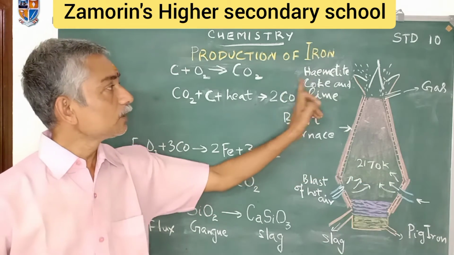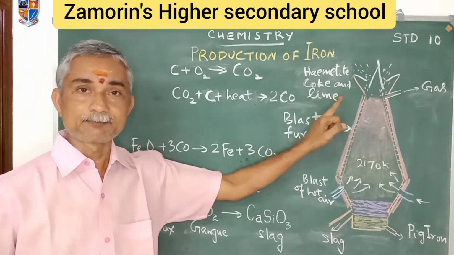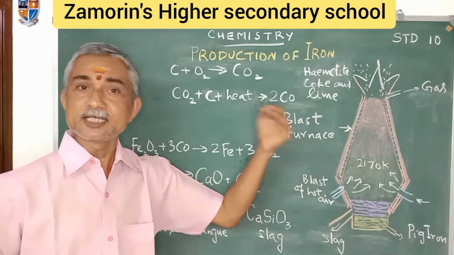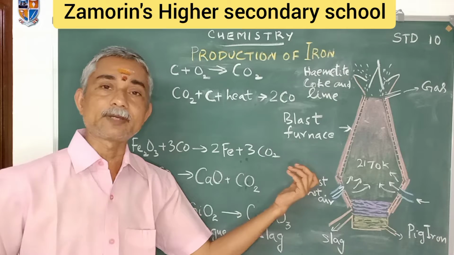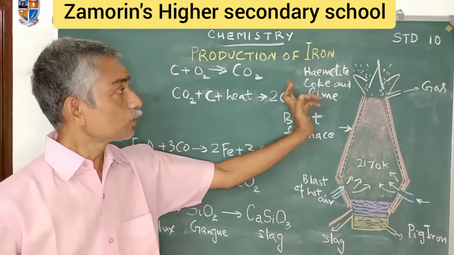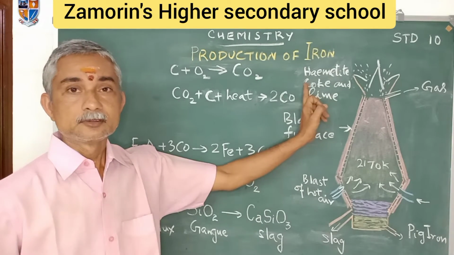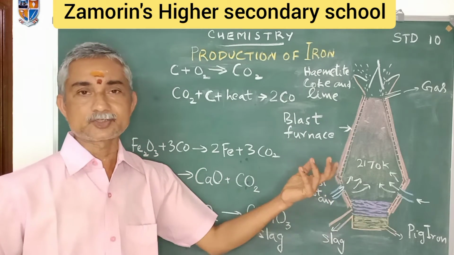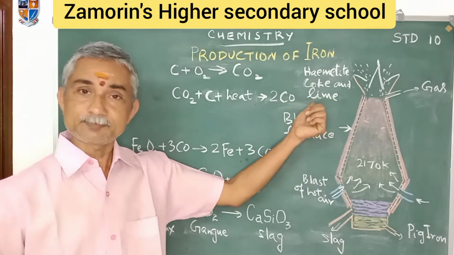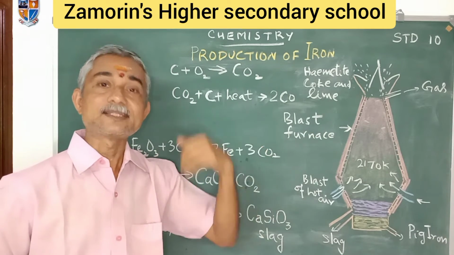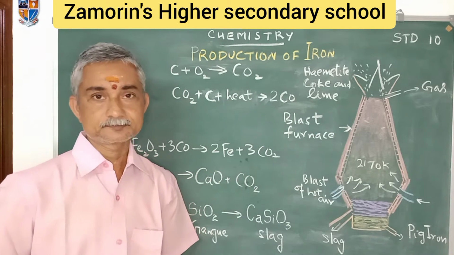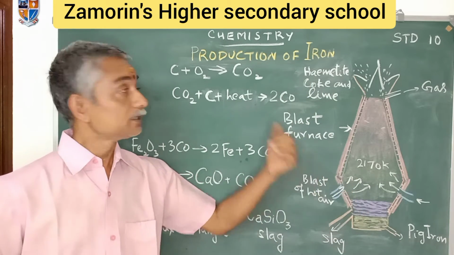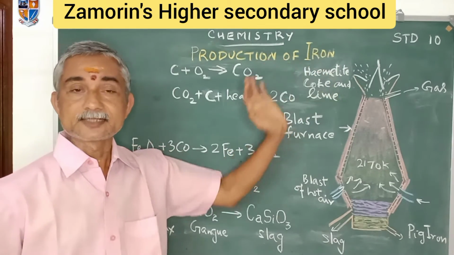Here coke, that is carbon, is mixed with oxygen forming carbon dioxide or carbon monoxide, and lime, calcium carbonate, is split up into calcium oxide and carbon dioxide, and this will remove the impurity in the hematite as slag.